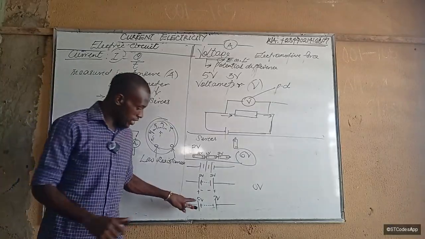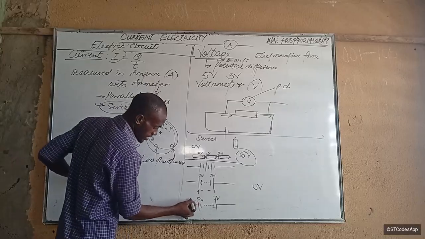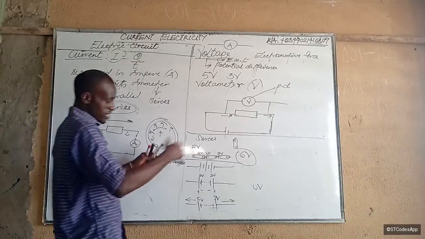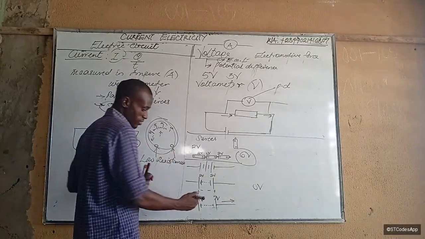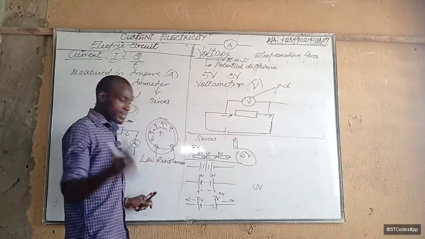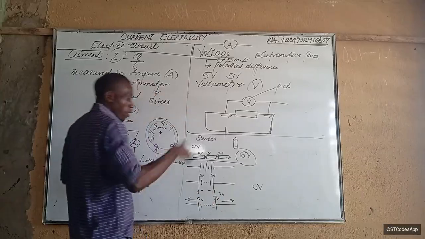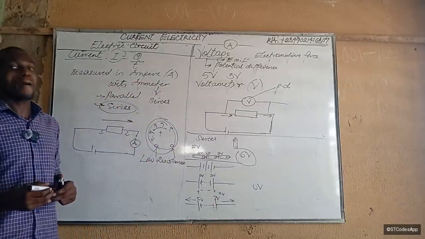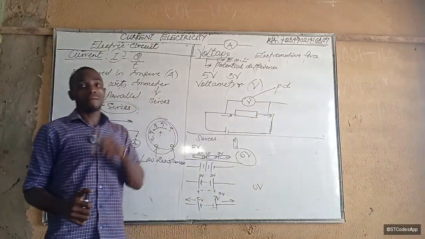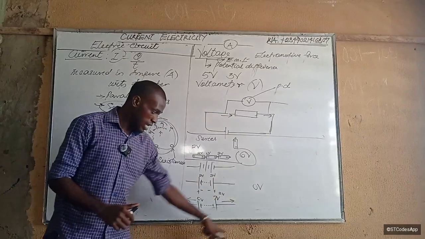Looking here, this one wants to deliver current in this direction, and this one wants to deliver current in this direction. So some of the voltage will cancel out, and 2 volts is the amount that will run. But in which direction? The voltage will run in the direction of the more powerful battery. So it's going to flow like this.